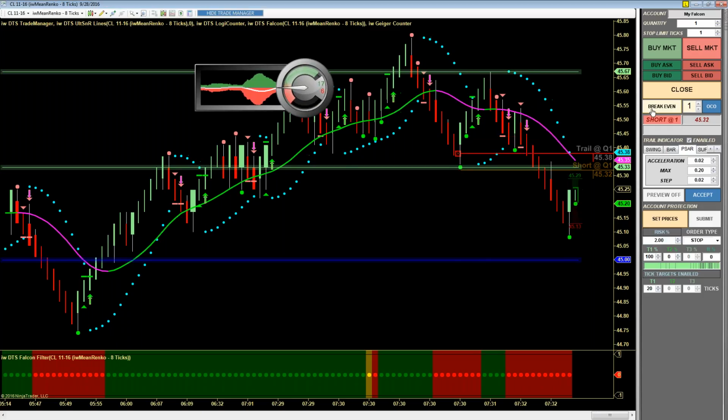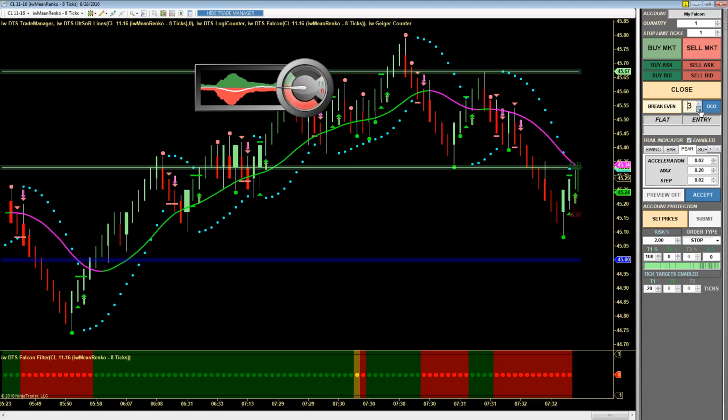Oh, by the way, you can always set your trade manually to break even as well. If you're looking at this trade and you're thinking, oh dear, they're backing up on me, I want to take the trade to break even, you can hit your break even button and you can preset how many ticks you want to save. It can be as many as you want, really. Break even plus 11 ticks, or you can even go to the negative.